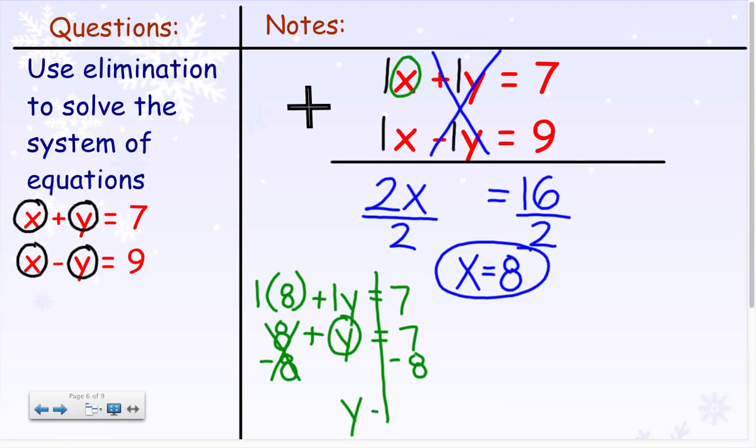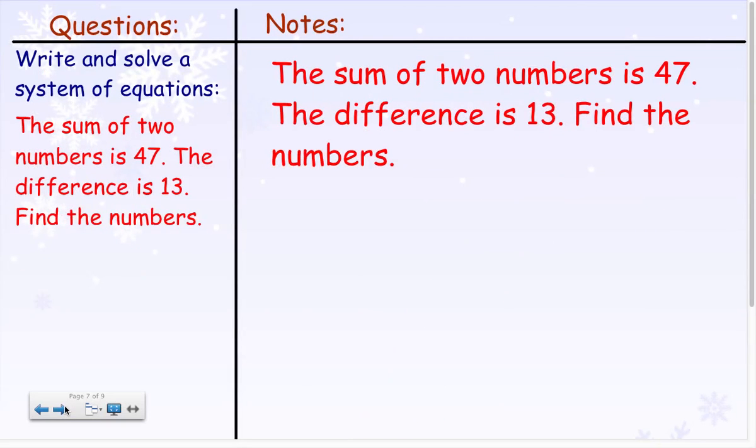I'm left with y equals negative 1. So my coordinate point is 8, negative 1. This is intersecting one solution at the coordinate point 8, negative 1.